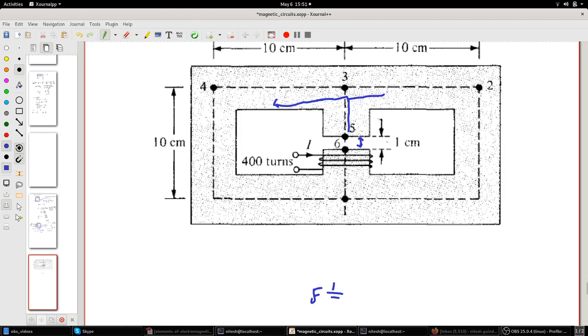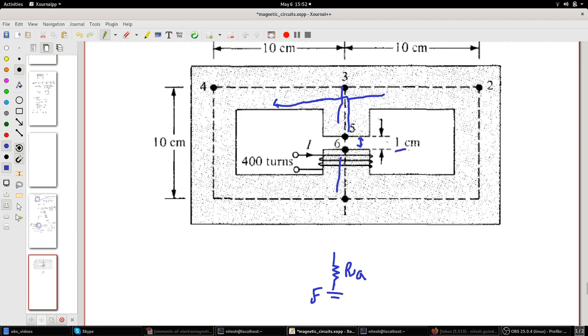Then there will be a resistance, or reluctance, of the air gap. I can call it RA. Then there will be the reluctance of the core here. I know my mean length here depends on this, right?